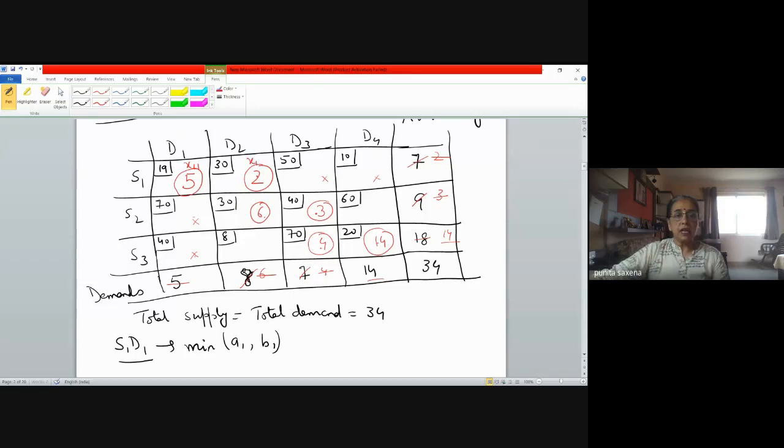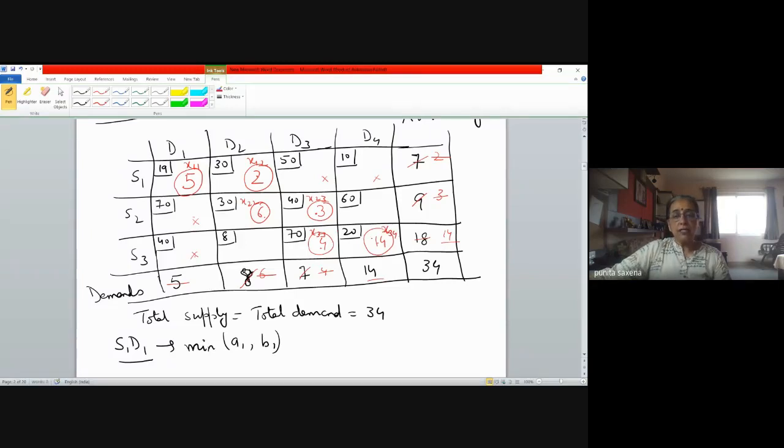What is this? x12. So basically your x11 is 5, x12 is 2, x13 is 0, and x14 is 0. So they are non-basic cells, right? Similarly, the next basic cell here is x22, then x23, then x33, and x34.